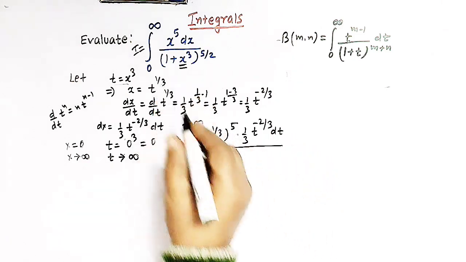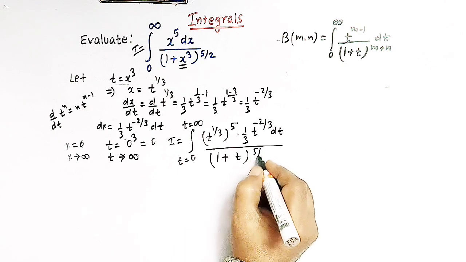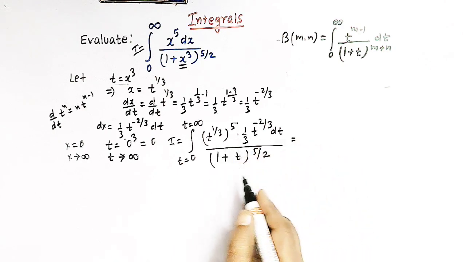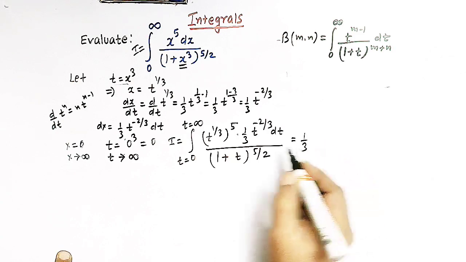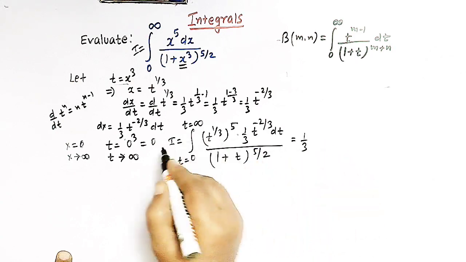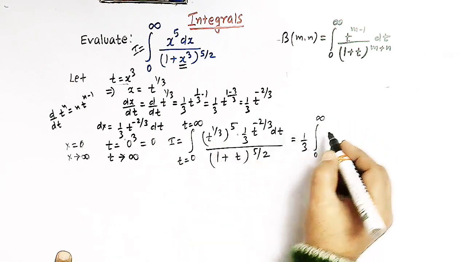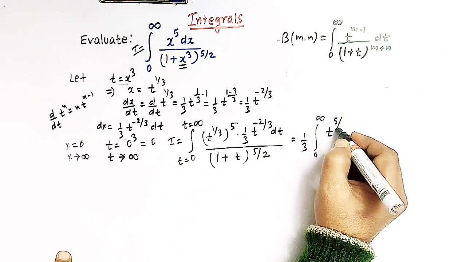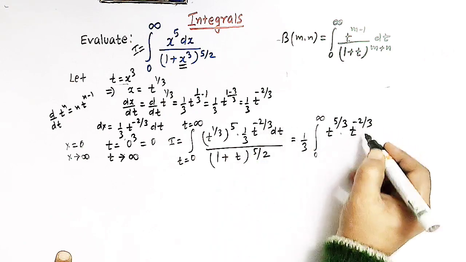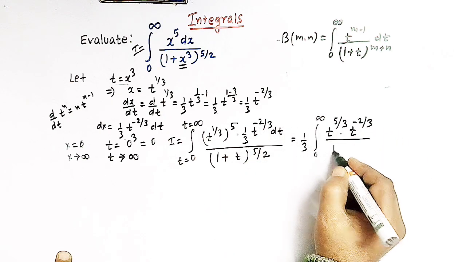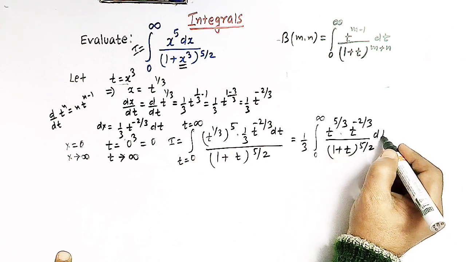And in the denominator, we can write (1 plus t) raised to 5 over 2. So now let us arrange the terms here, and we can simplify. So we can take 1 over 3 outside the integral. We have 0 to infinity. Then here we have t raised to 5 over 3, and here we have t raised to minus 2 over 3, and here we have (1 plus t) raised to 5 over 2 and dt.